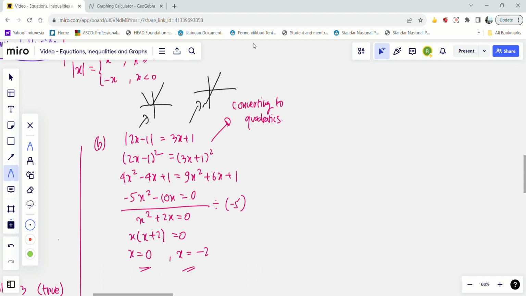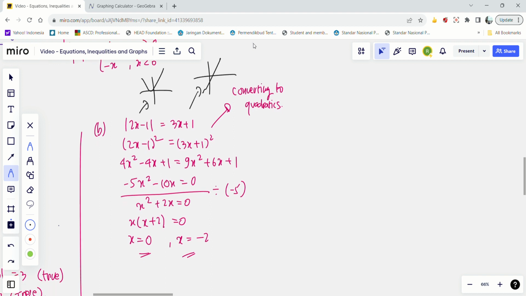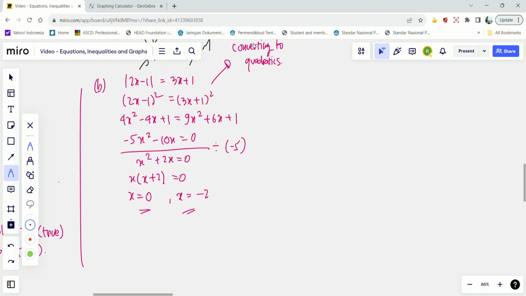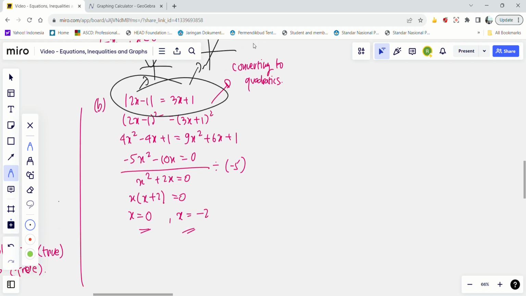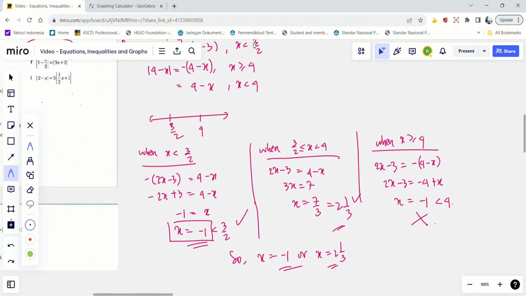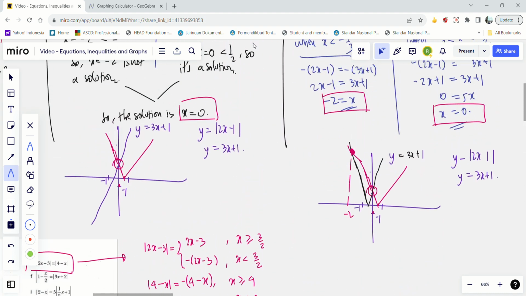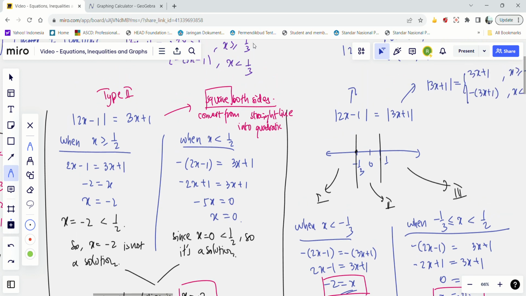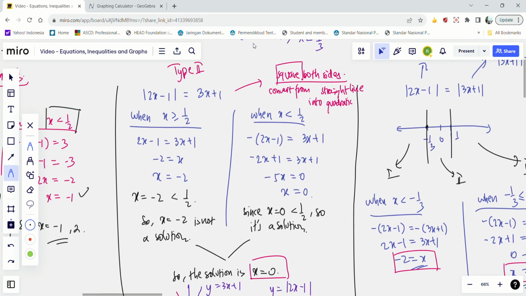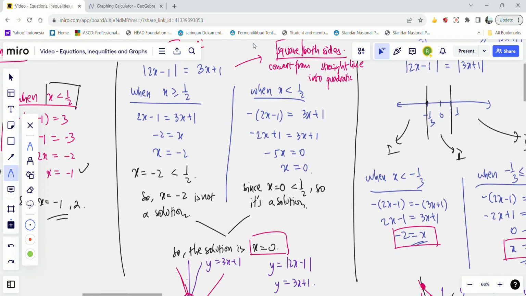So if you square both sides, it means you want to make it like this, which means it's a different graph. So you have to be really careful whenever you're dealing with this type and you square both sides. Referring back to our discussion of the same type of question, this type 2, you still need to check. And it turns out there is only one solution, x equals 0.